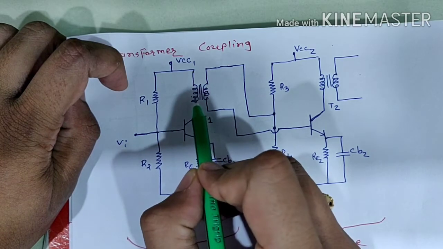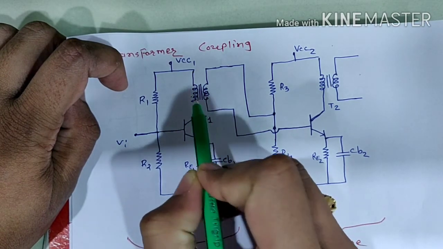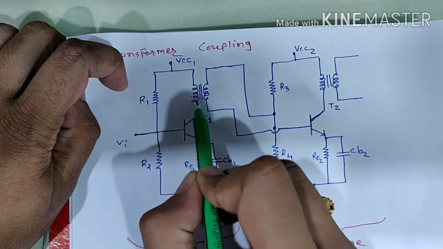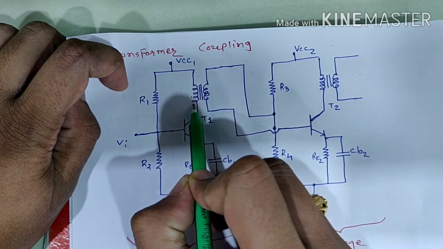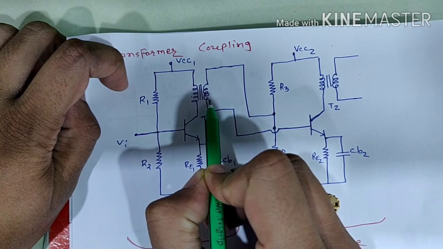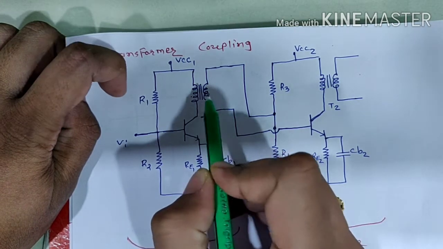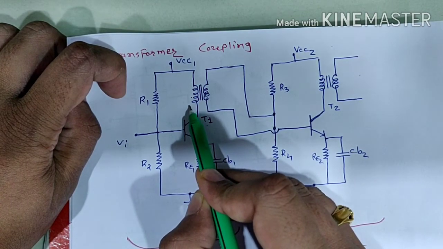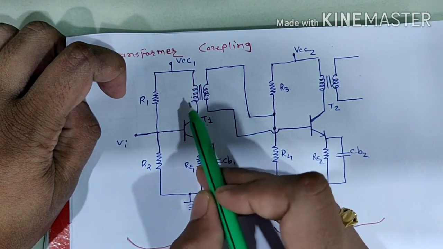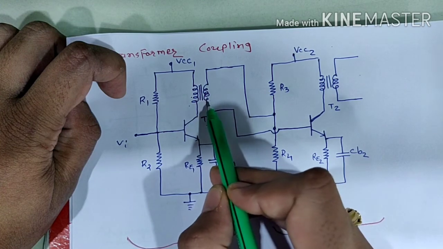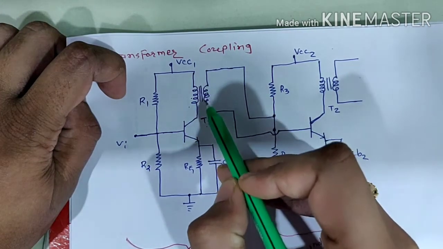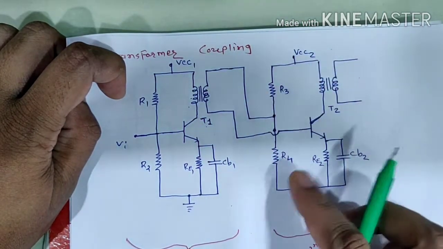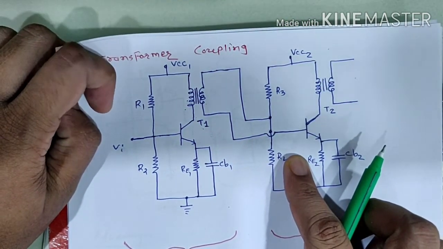This transformer couples the output from the primary side of the coil to the secondary side. Whatever current flows in the primary coil creates flux, which links to the secondary coil and generates an induced EMF or voltage, and this output voltage is given to the second stage of the amplifier.